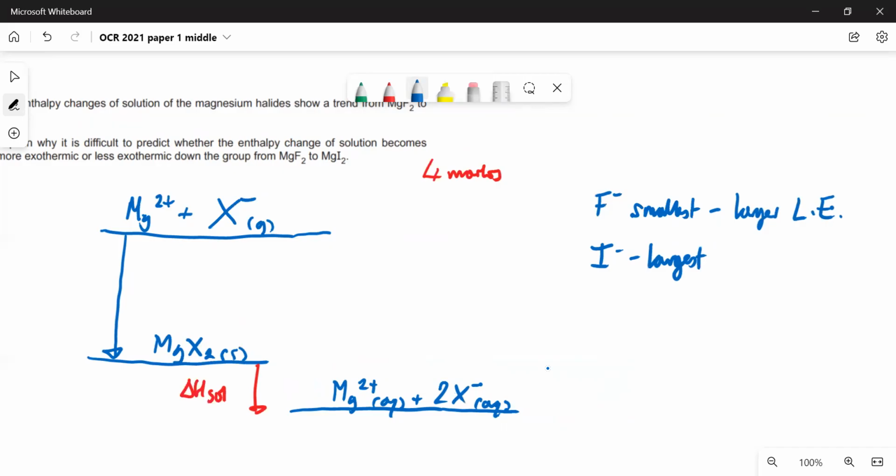So this is going to be bigger. If that's bigger, that's going to make delta H sol a bit smaller, because the further down that green arrow goes, the less it's got. So the larger lattice enthalpy makes delta H sol smaller, or shall we say less exothermic.